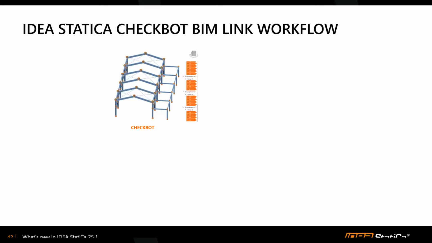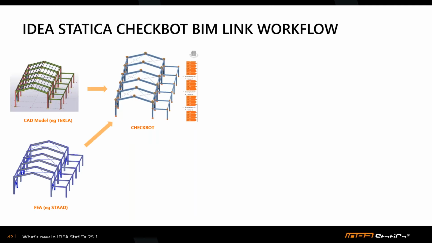You can export these models to the Checkbot application, and once exported, the structure geometry will be exported automatically. So it copies everything: the shape of the steel profile, the linear loading combinations, and as a result, it's captured inside the application. It automatically arranges the joints according to the group as well.